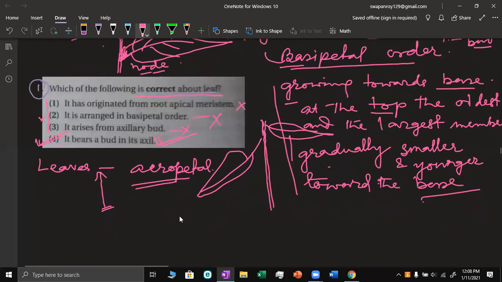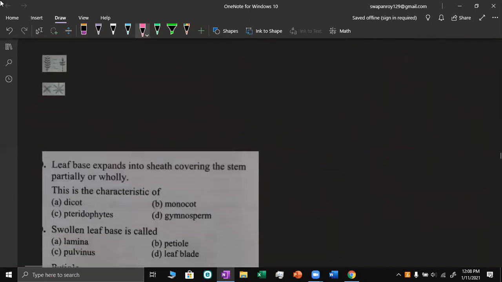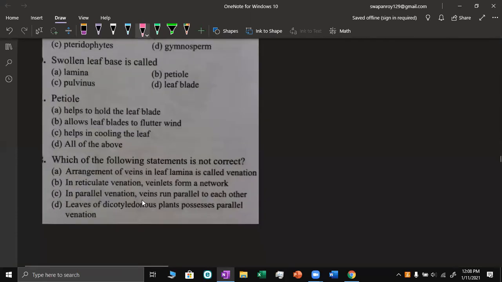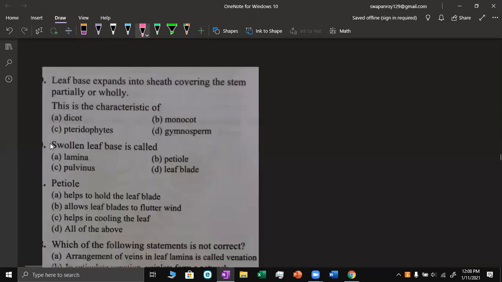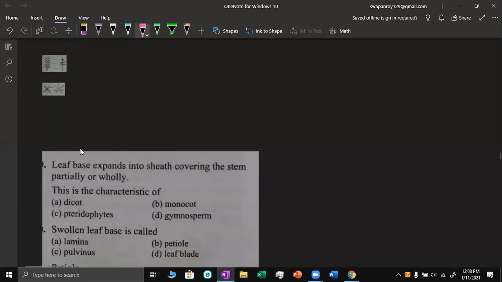All right. So next, here you can see this one. Here we have several questions. Leaf base expands into a sheath covering the stem partially or wholly.